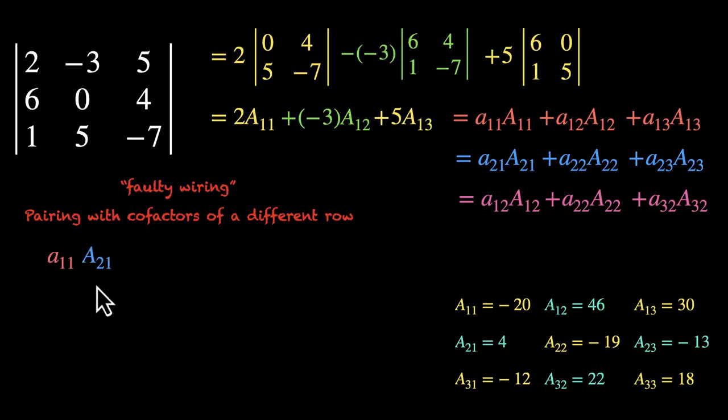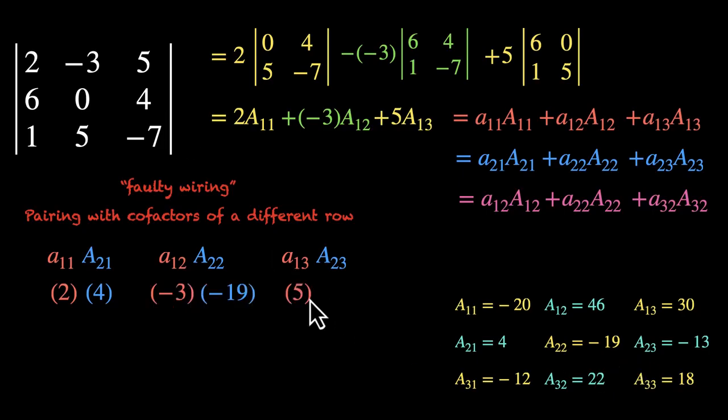a11 times A21 plus a12 times A22 plus a13 times A23. Elements from the first row, cofactors of the second row. So this is 2, A21 is 4, this is minus 3, this is minus 19, a13 is 5, A23 is minus 13.